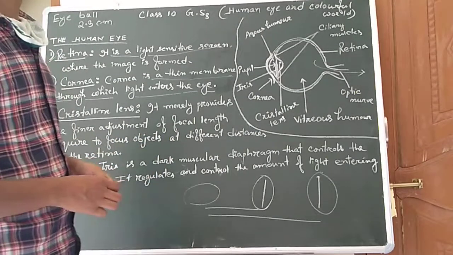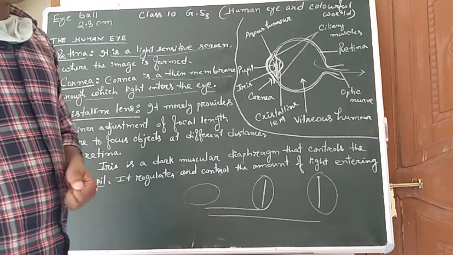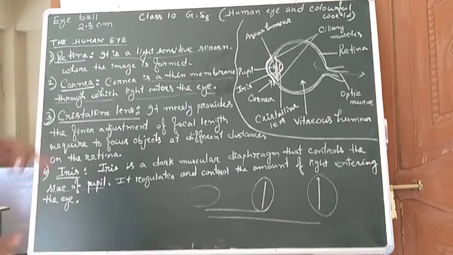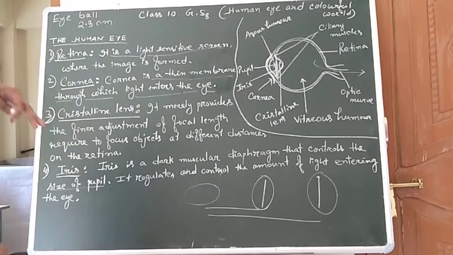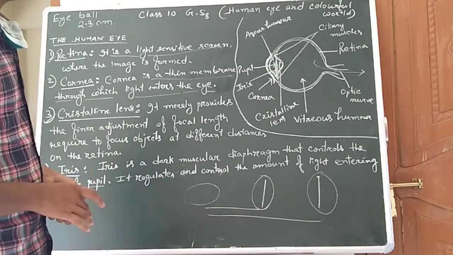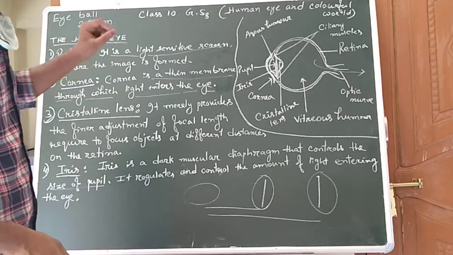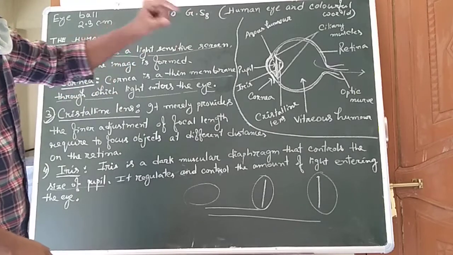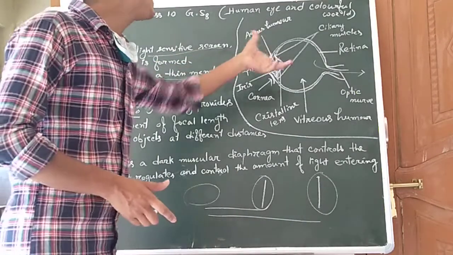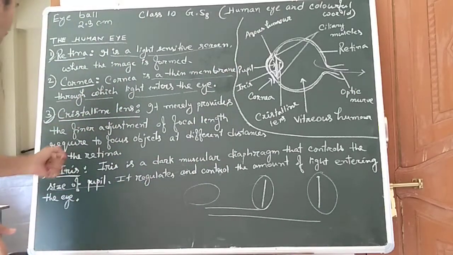So how does it control? Sometimes after staying outside, when we enter our house, darkness is there. When darkness is there, we are not able to see an object. So how do we see the object? Our pupil size increases, and this function is done by the iris.